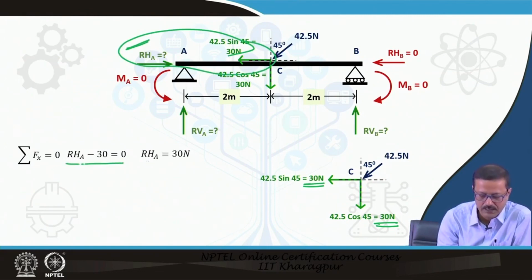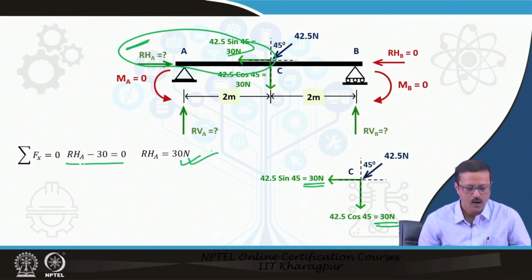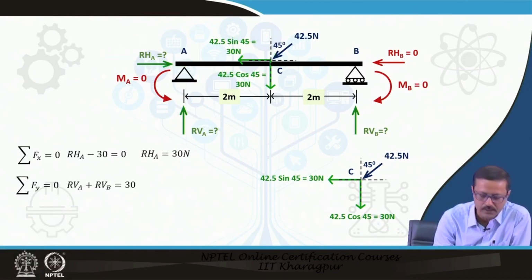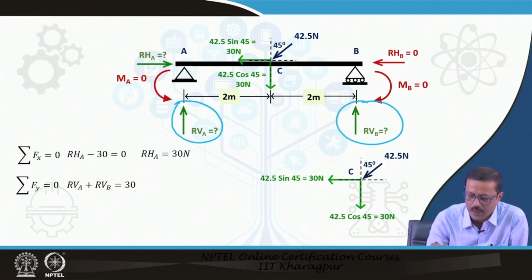That gives me R_HA equal to 30 Newton. Also, I may say that in the vertical direction, let us remove this and take some other color, suppose blue color. In the vertical direction I have this force, this force and this force, so 30 downward.